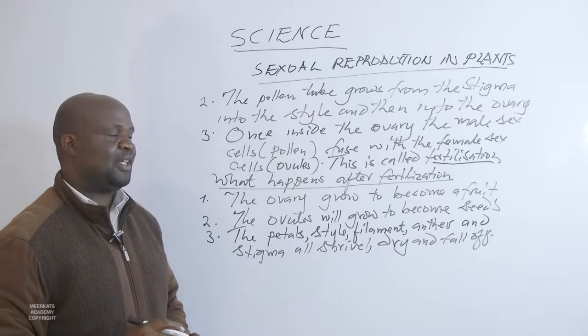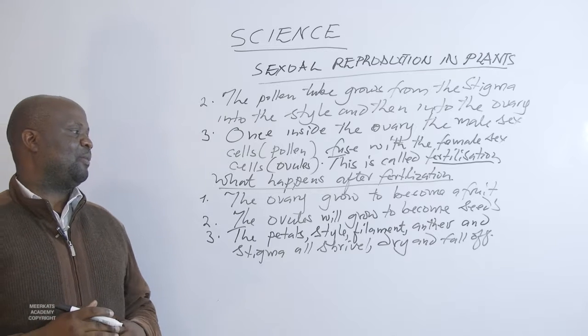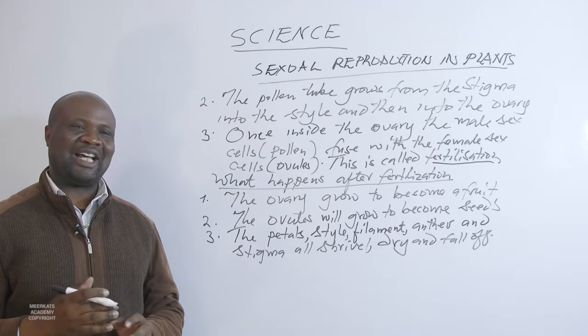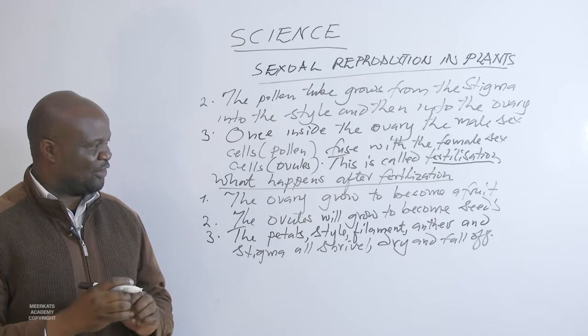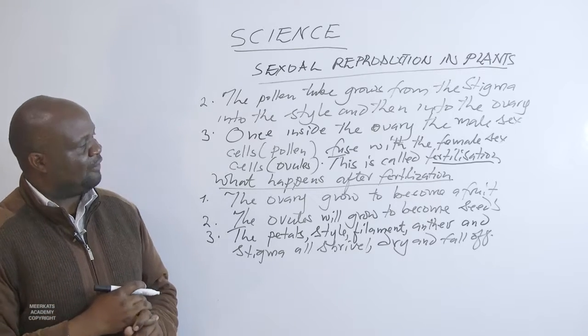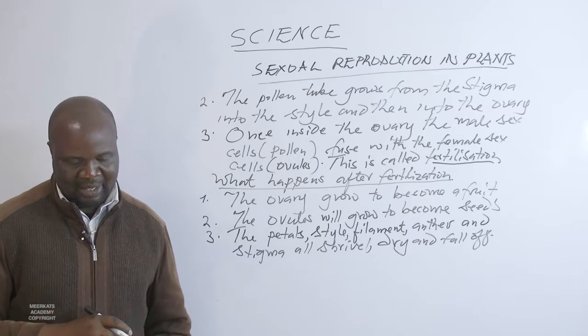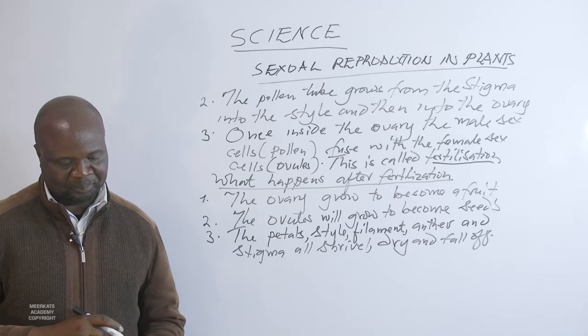So once fertilization has taken place, what roles are there now for the petals, whether corolla or calyx? We are told the style, filament, others, and the stigma all shrivel, dry, and fall off.